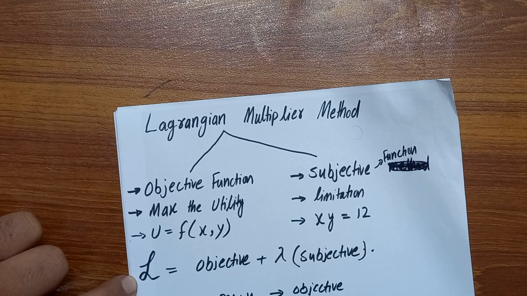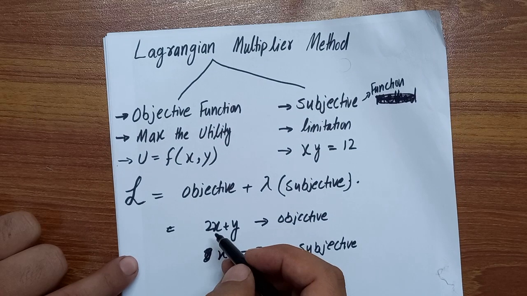Here is the limit, so this is the subjective function. Those equations which have a limit are called subjective functions, and those equations which have no limit are called objective functions.